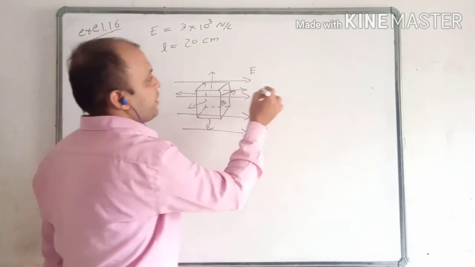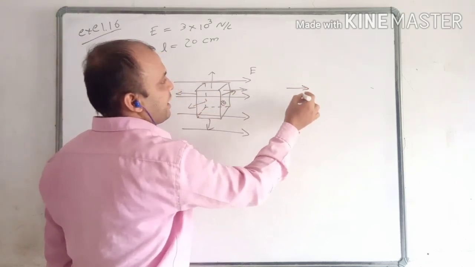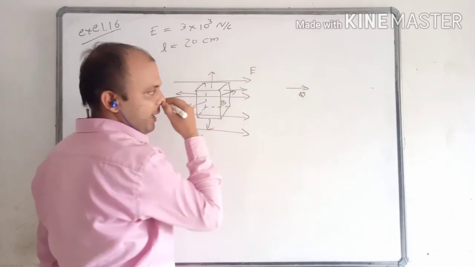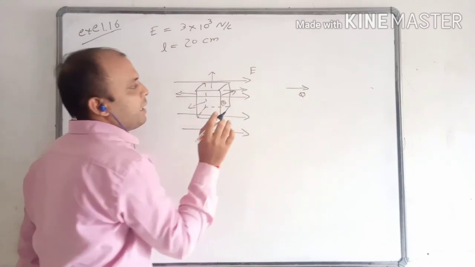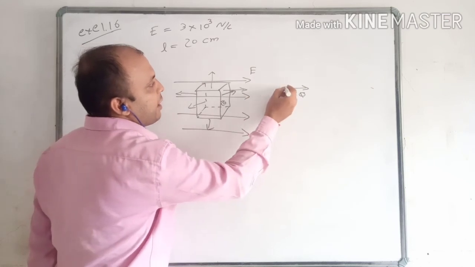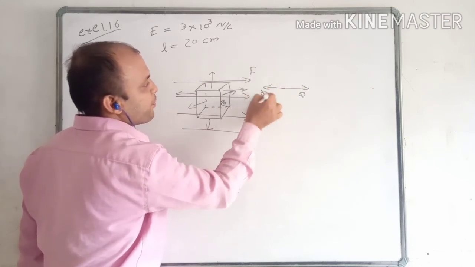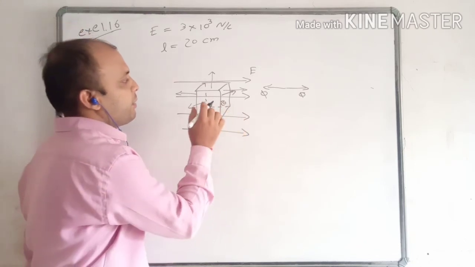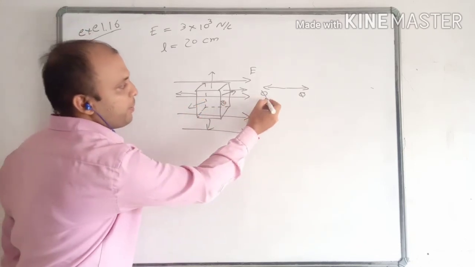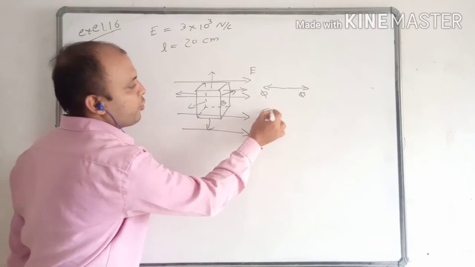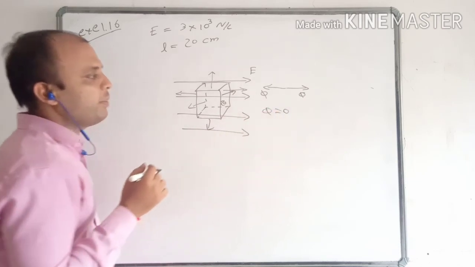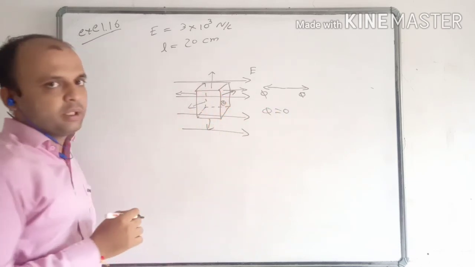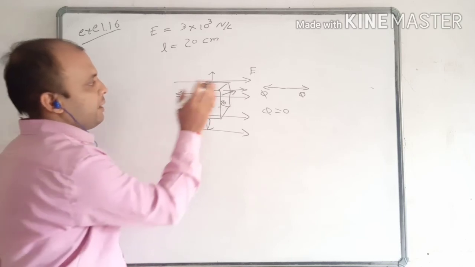For this direction we find electric flux, but the same value with opposite sign on the backward side. So the flux will be 0 for the cube.